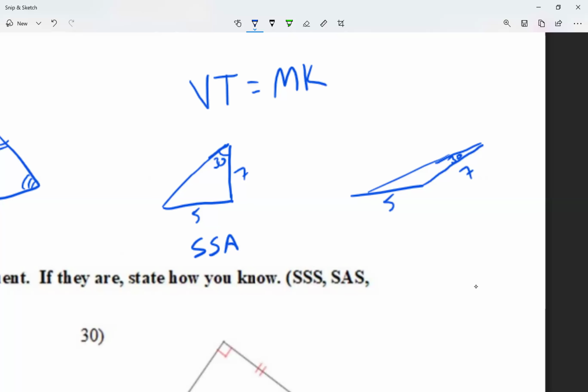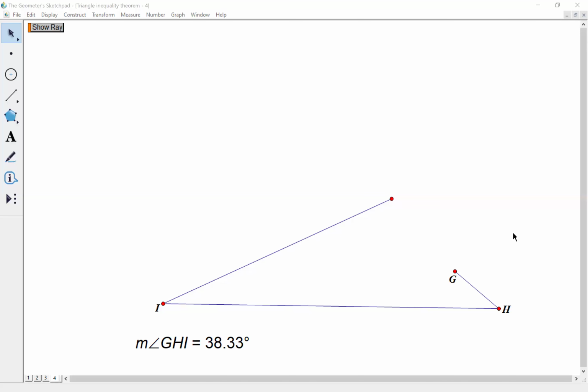So matter of fact, let me check something really quick. Let me show you guys through my program here, Sketchpad. Okay, let's say we had a limit of side angle. So these two sides that I'm going to highlight, those two sides are not going to change. I could rotate them, but the side is going to be the same thing.